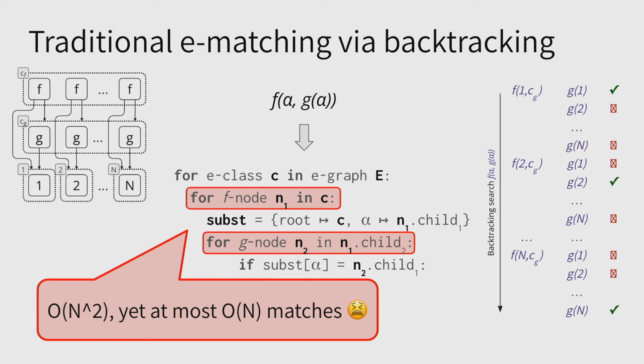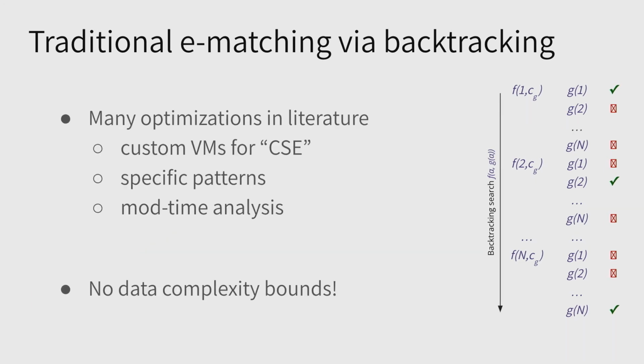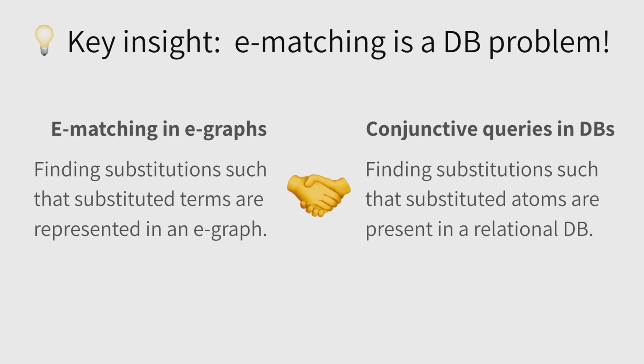And this is true basically of all existing E-matching techniques, right? So people have done a lot of really cool, clever stuff, but they don't have bounds. They show that it works well in practice, but it's very hard to analyze how these things work in general. So our big idea was, it turns out that everything was done in databases. You just have to find the magic keyword in the right mapping.